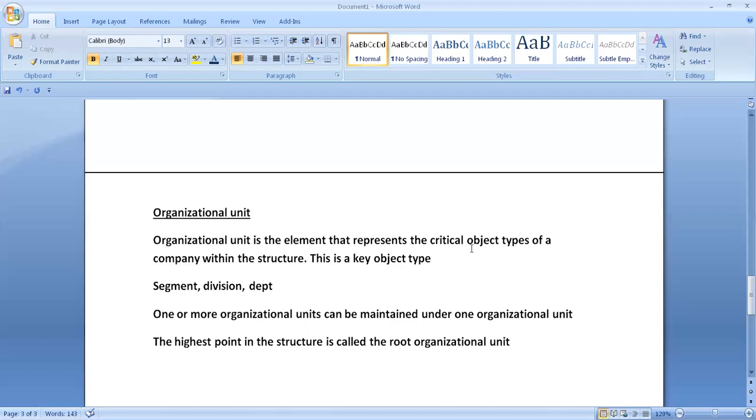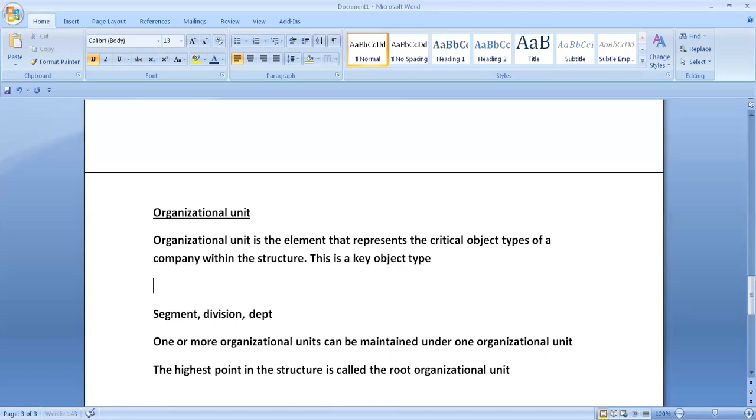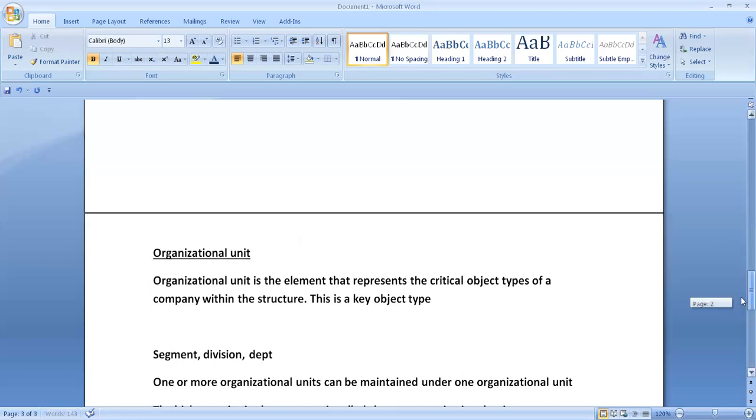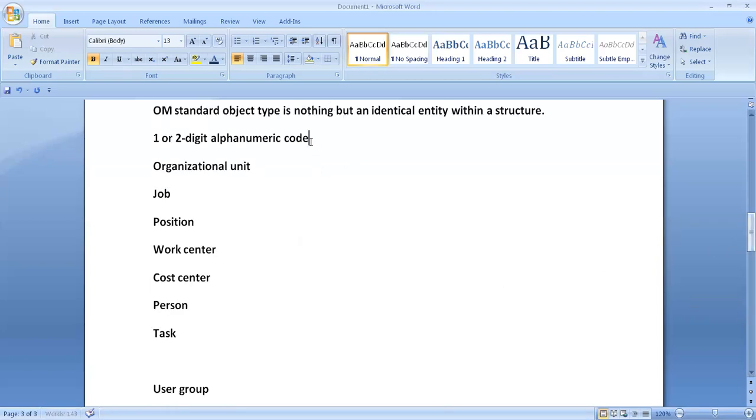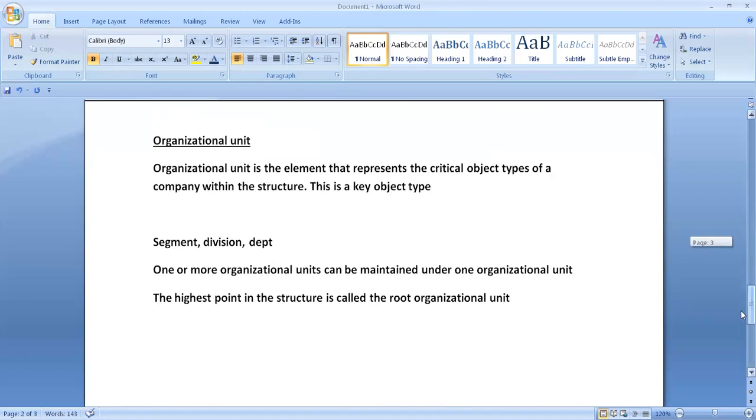This organizational unit is represented by an alphanumeric 1 digit or 2 digit code. We can say that organizational unit is represented by O, which is a 1 digit code.